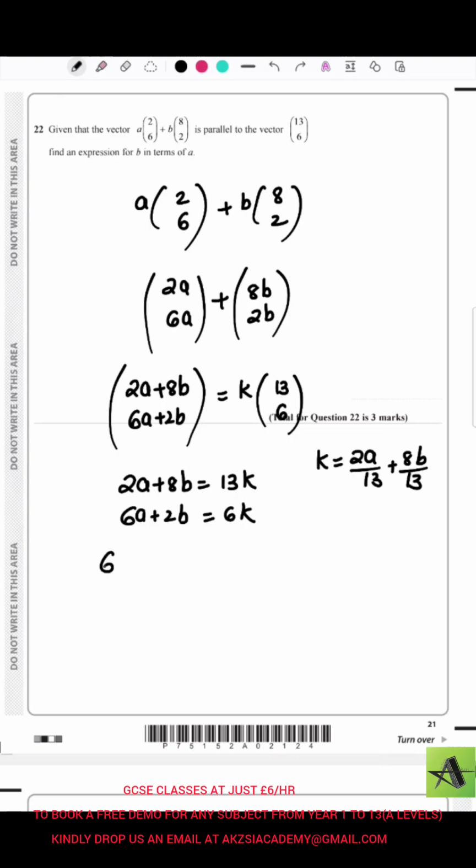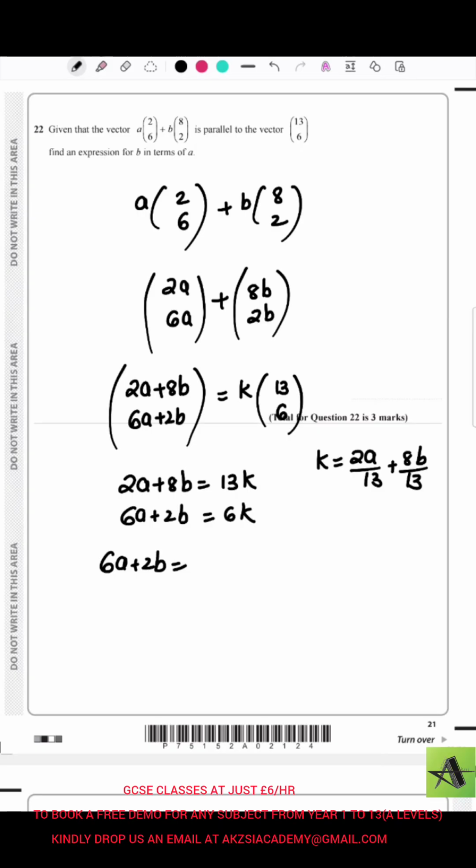So it will be 6a plus 2b equals, what we do in simultaneous equations, we always, like elimination method is different. In substitution method, we find the value of one variable from equation 1 or from one equation and substitute it in another equation.